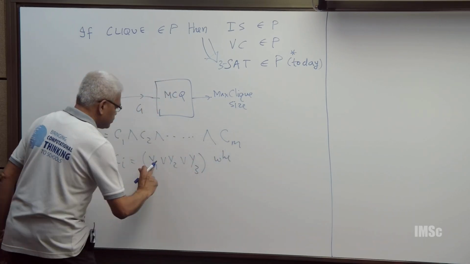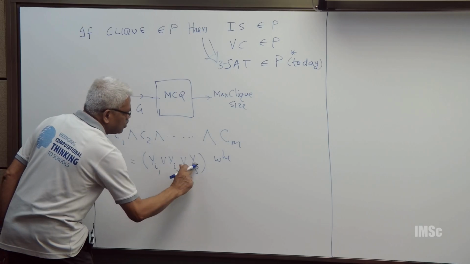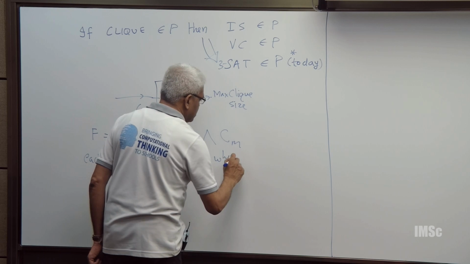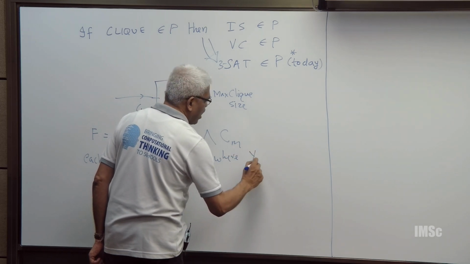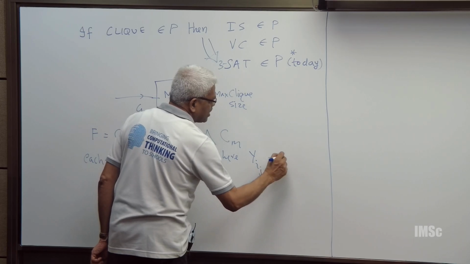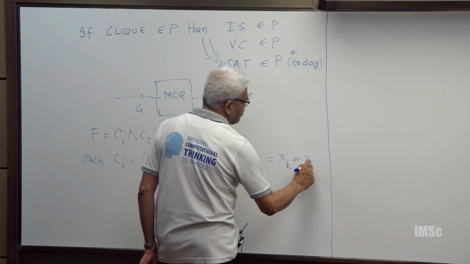So maybe it will be y_i1, y_i2, y_i3, where each y_ij is some x_i or some x_k or x_k bar.